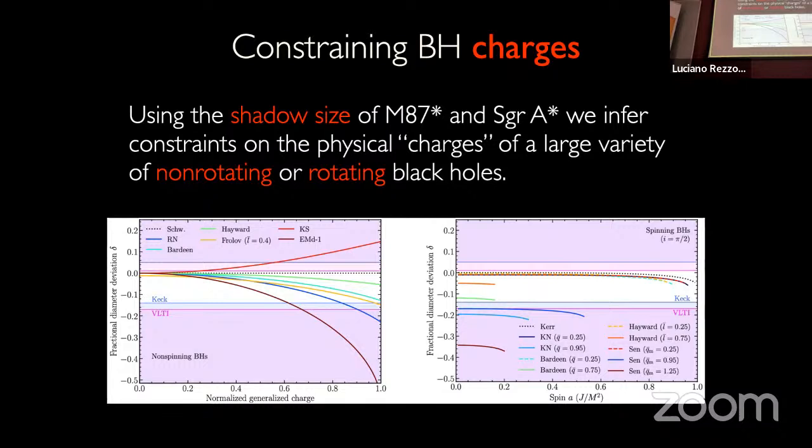Anything which is outside of this white region is incompatible with the observation. So you can see that most black holes stay in the white region, but there are some black holes like this EMD1, which for certain properties of their charges are incompatible with the observations.